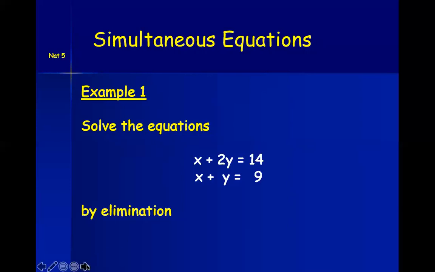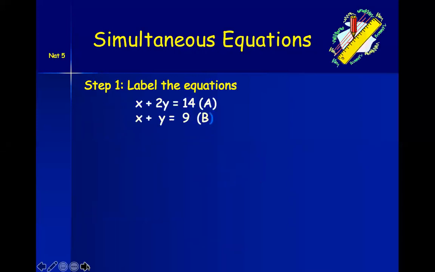So there's a technique. We need to pick which variable we want to find first, or is there a quick way to see? Step one, first thing you do is you label the equations. So you've got the first equation, x plus 2y equal 14, and the second equation, x plus y equal 9.